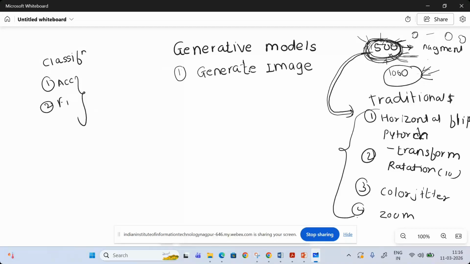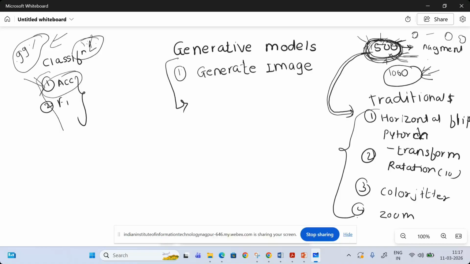But for a generative model, what performance metrics can you use? With a classifier, it is about how my model is correctly classifying the image or data into a particular class, and you measure that, say I am 99% sure that the model is giving me the correct answer. If the data is for heart disease, it gives me the heart disease answer. Only a 1% chance is there that it gives me the wrong answer. This is how you calculate the performance.